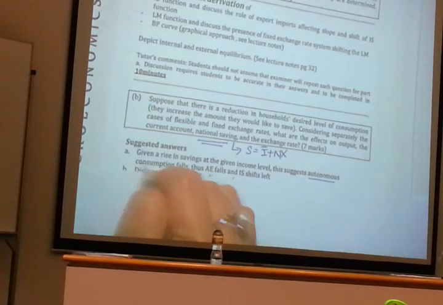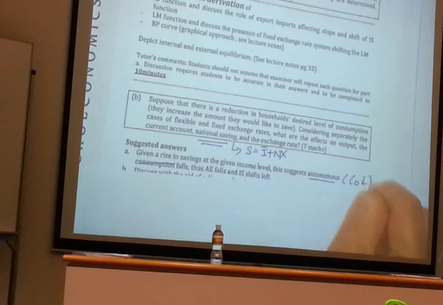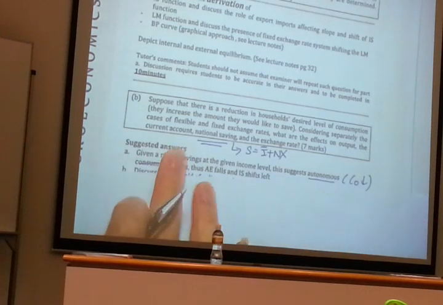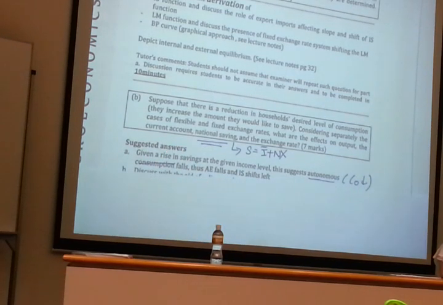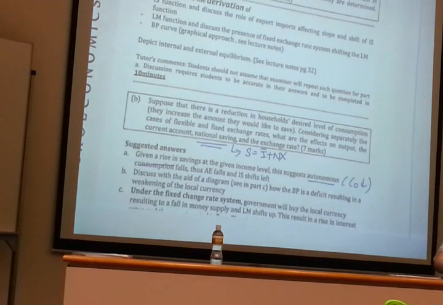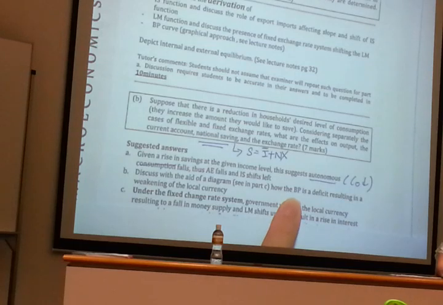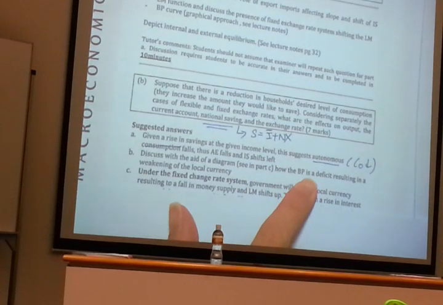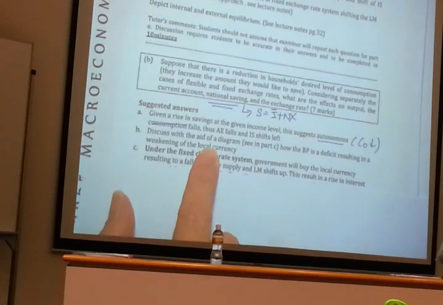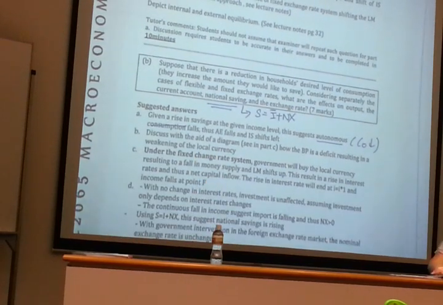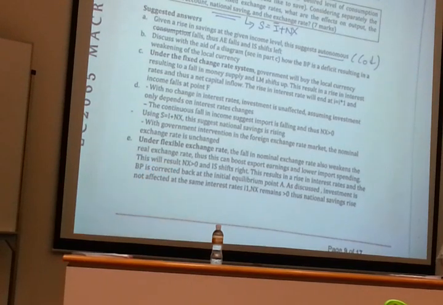Right? Your autonomous consumption, C0 drops. So you know that will Shift IS. So the first two steps are not difficult. So Shift IS to the right, BP is a surplus, Shift IS to the left, should I say, BP is a deficit, currency weakened. And then analyze fixed and flexible exchange rate.